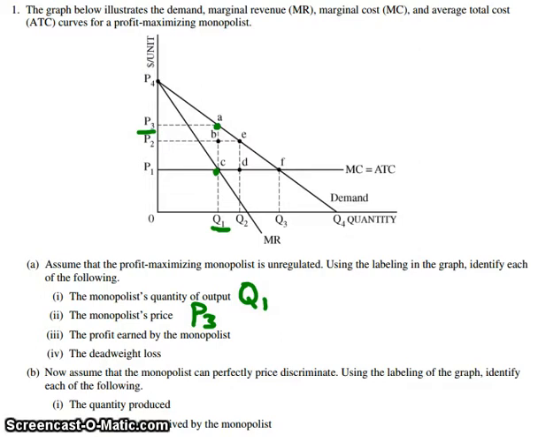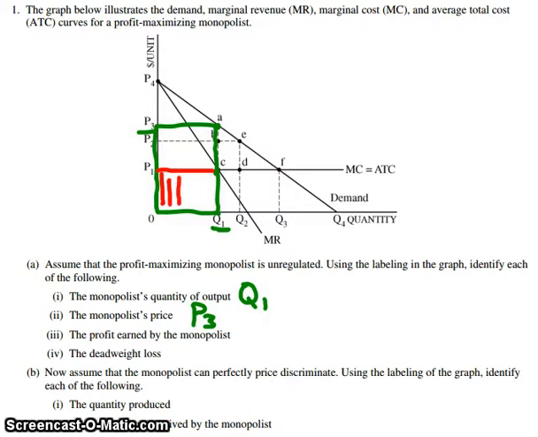Next, they ask us what is the profit earned by the monopolist. So total revenue is the quantity we sell times the price we sell it. So that would be this area of this rectangle that I'm outlining in green. But of course, we have to deduct any costs. So the costs would be, at Q1, we go up to where average total cost is.